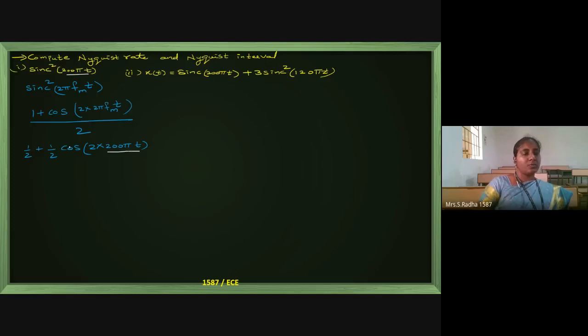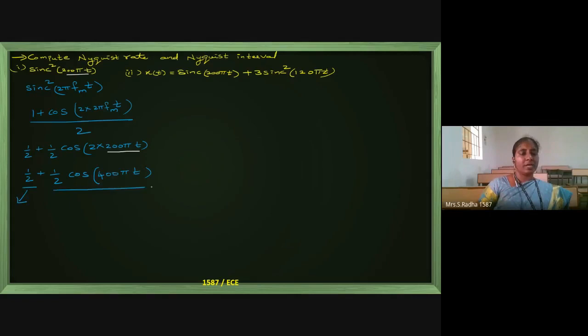And now you equate this entire thing. In the next term, 1 by 2 cos, and this is 400 pi t. Now the first term will not give any angle.